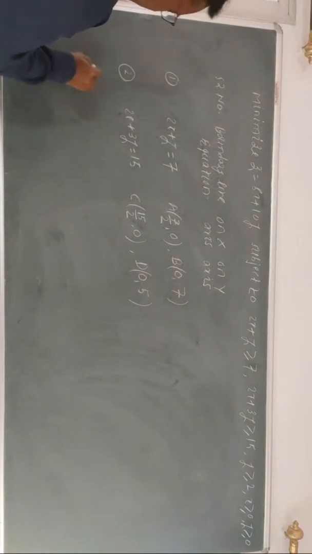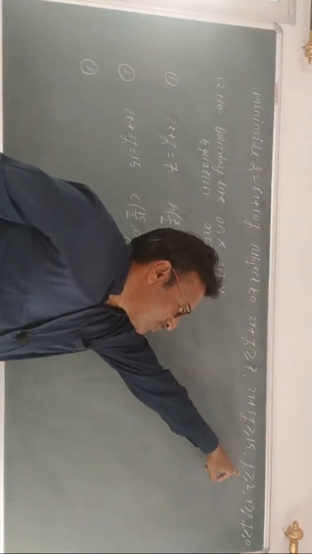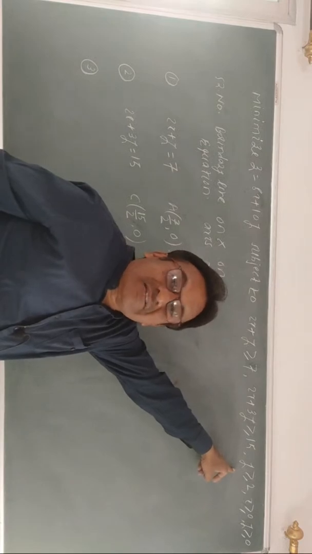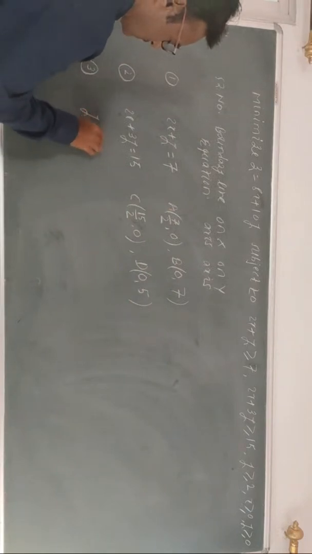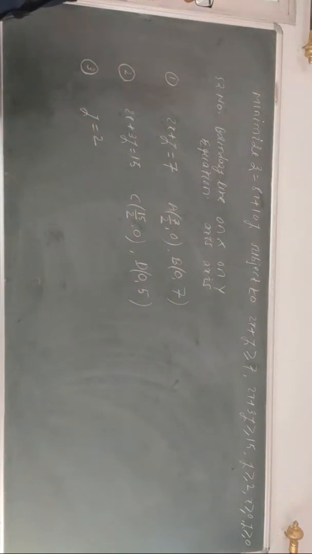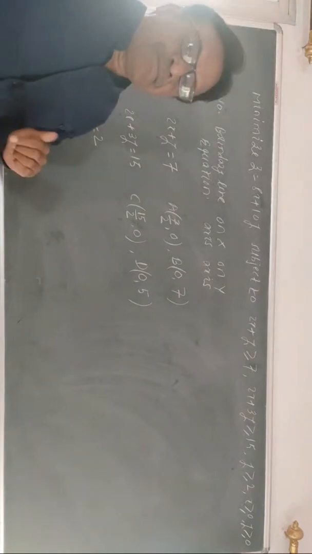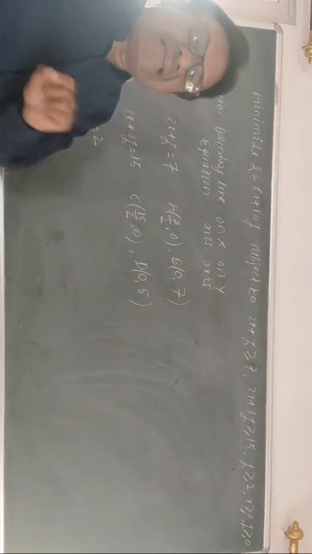For the third boundary line equation, again one inequality is given, y greater than or equal to 2, therefore the boundary line equation is y equals 2. So we write y equals 2 as the third boundary line equation. And y equals 2 is a line parallel to the x-axis.